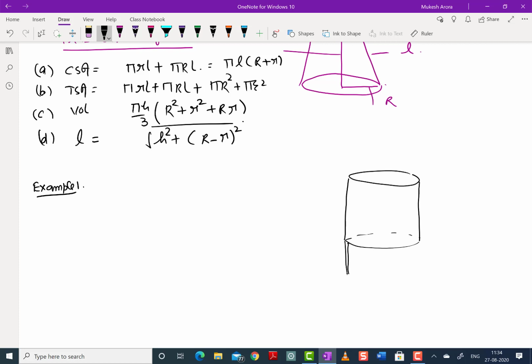This is the shape of the bird bath and it has a hemispherical depression. The question is to find the total surface area of this.